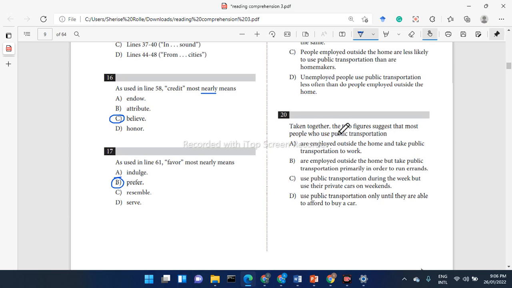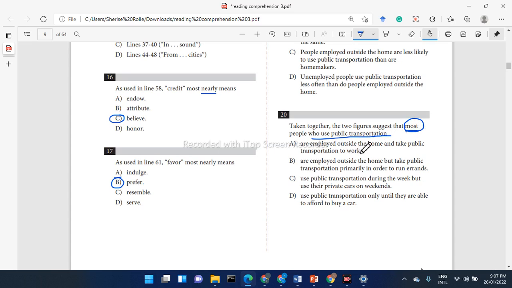Taken together, the two figures suggest that most people who use public transportation are, is it A, employed outside the home and take public transportation to work? They're trying to figure out who mostly uses public transportation.